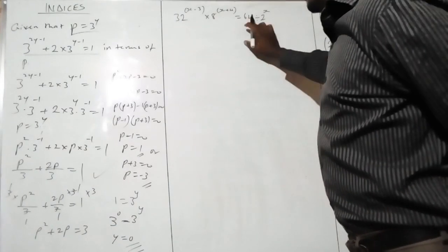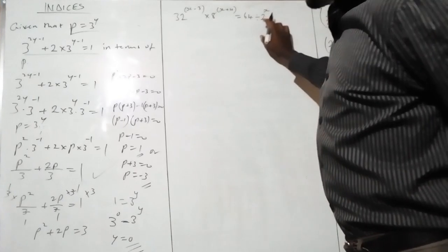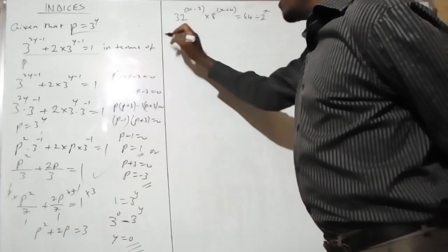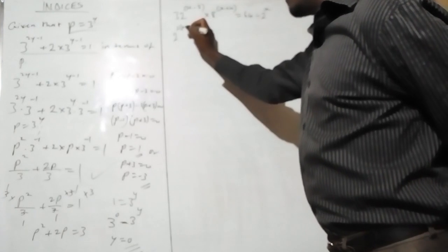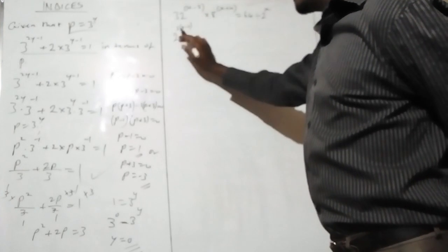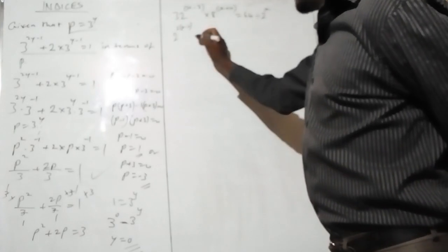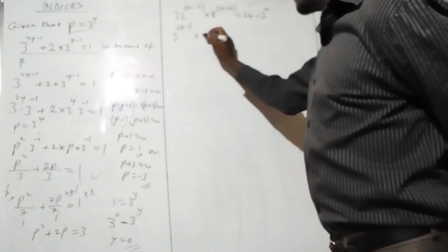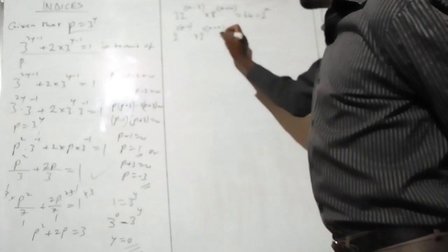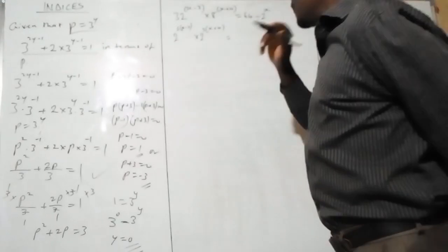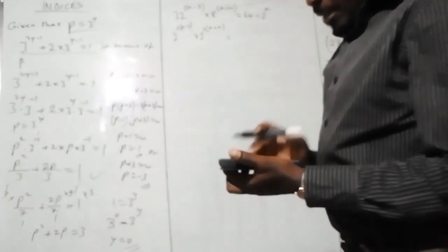32 to base 2 is the same as 2 raised to power 5. Open the bracket, x minus 3. Yeah, this is the same as this, times 8 is the same as 2 cubed x plus 4. For 64, it's 2 raised power 6, is it? 2 raised power 6.